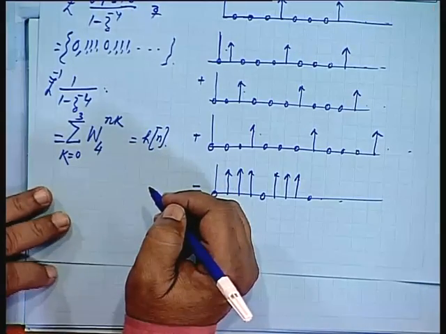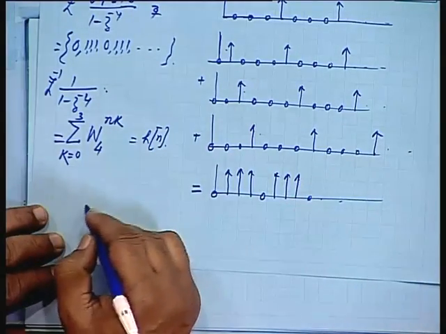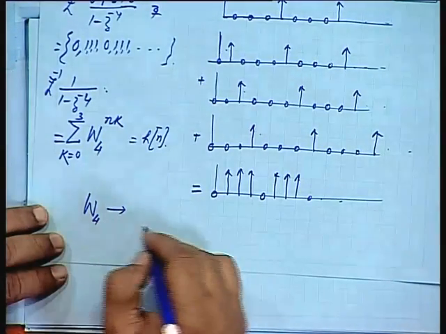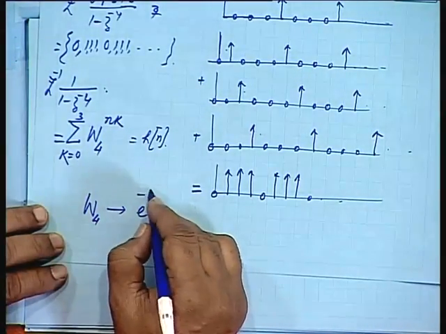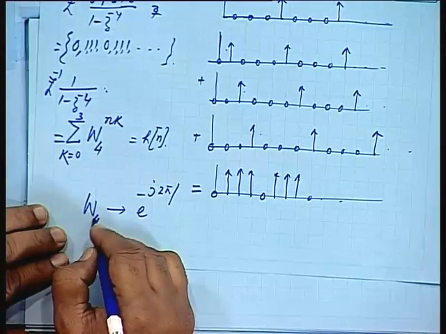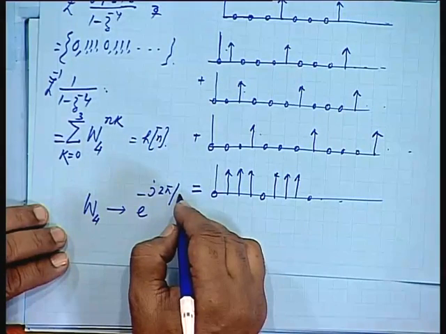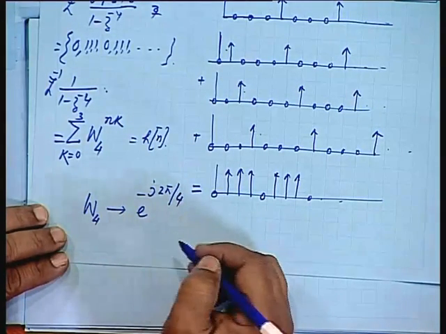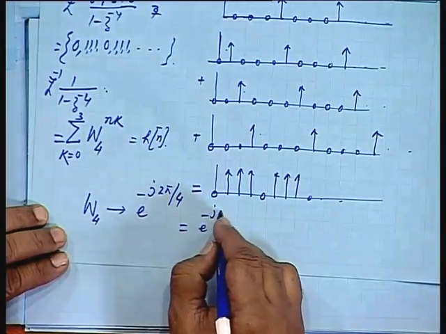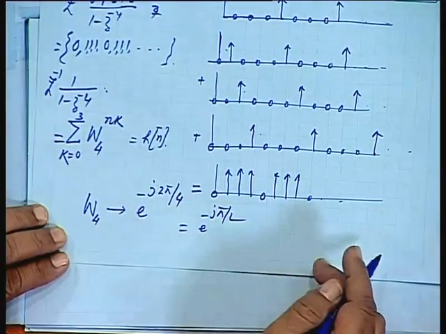Is that all right? Where W is e to the power minus j 2 pi by n. So, here it is 2 pi by 4, which is e to the power minus j pi by 2.